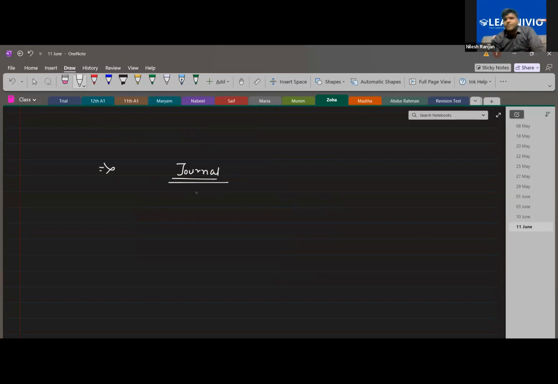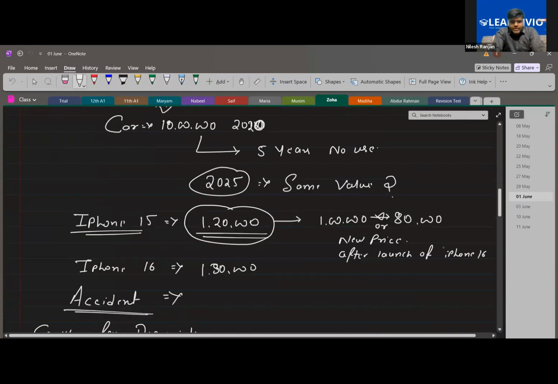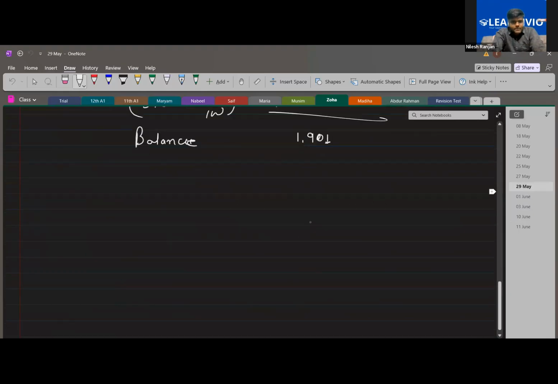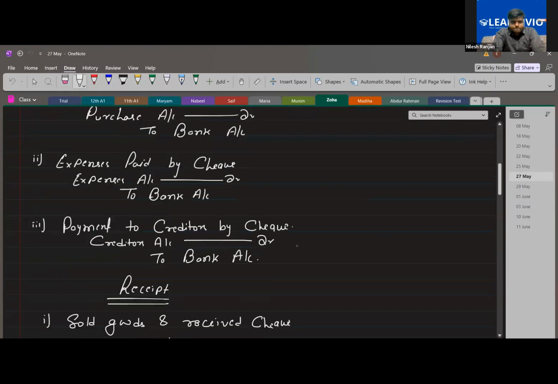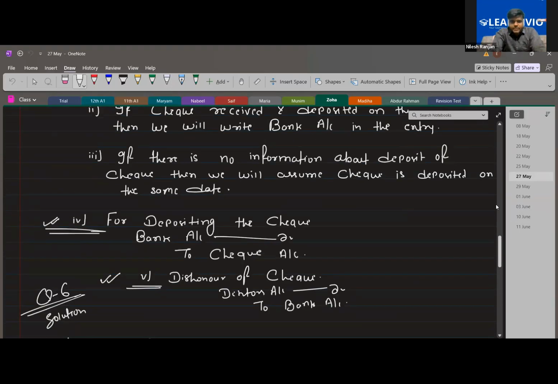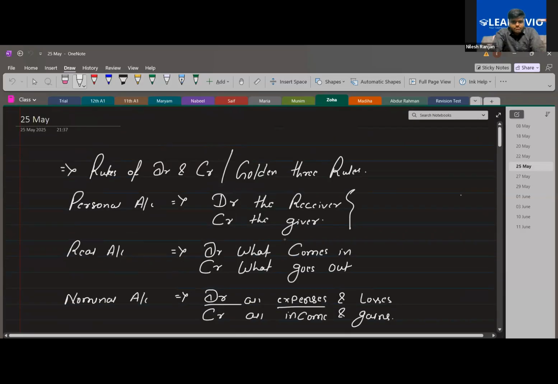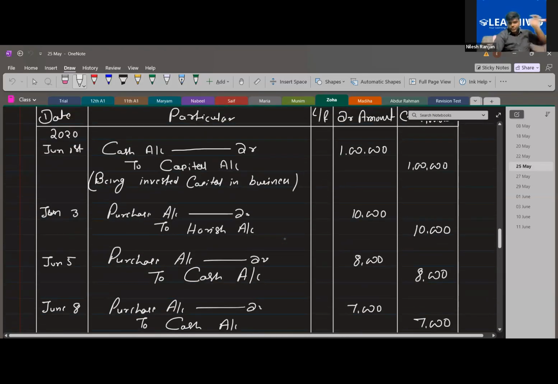So there can be different types of transactions. Let me find a question that I have solved so that I can explain this. This is a bank related transaction. You can see that there are different account names in this journal.